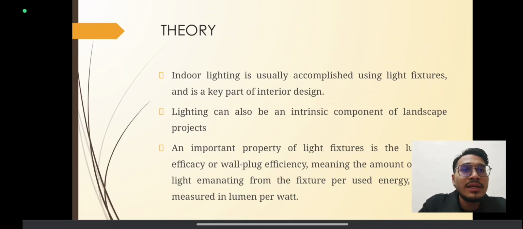Lighting can also be an intrinsic component of landscape projects. An important property of light fixtures is the luminous efficacy or wall plug efficiency, meaning the amount of usable light emanating from the fixtures per unit of energy used, usually measured in lumens per watt.